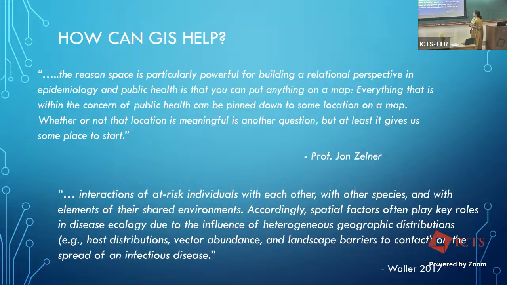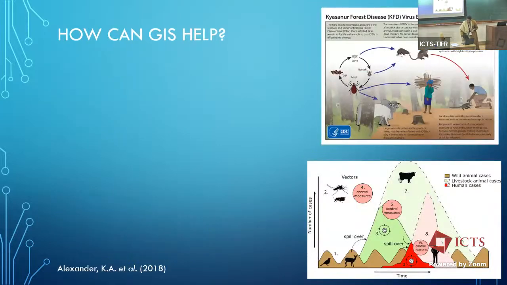Relationships. Accordingly, spatial factors often play key roles in disease ecology due to the influence of heterogeneous geographic distributions. So host distributions can vary, vector abundances vary, there are landscape barriers to contact and to the spread of an infectious disease.